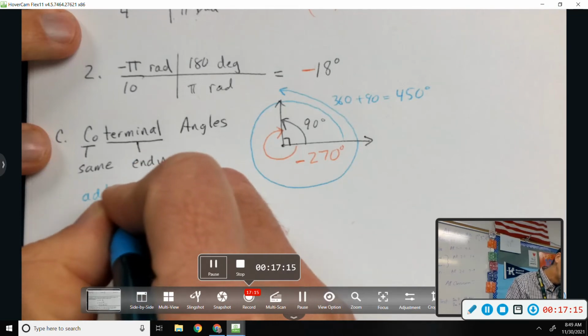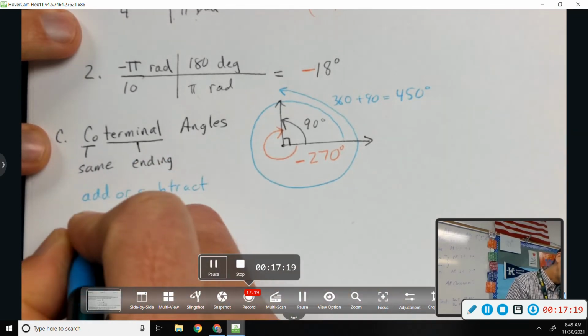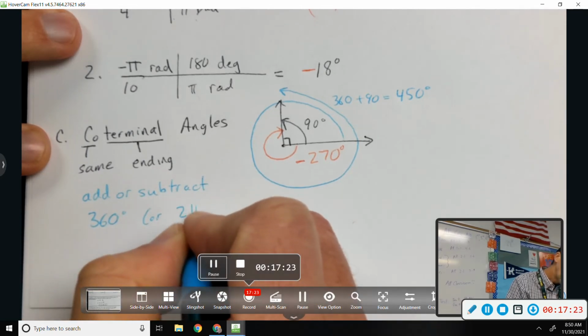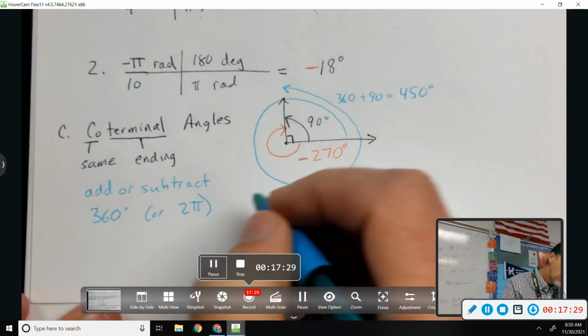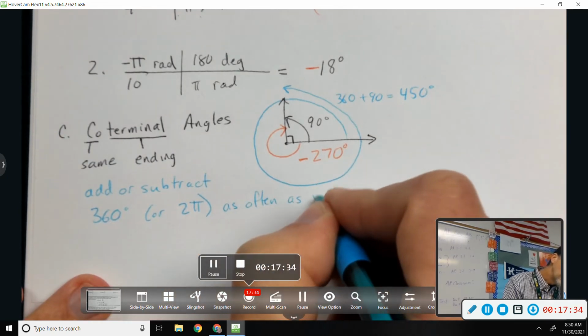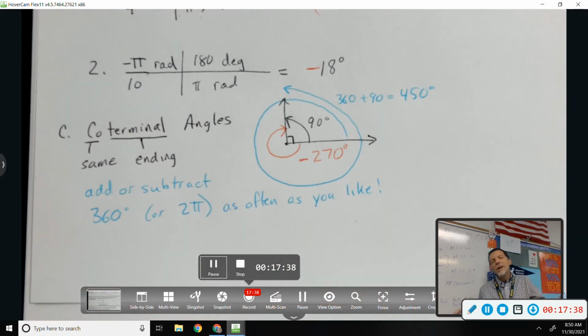So you can add or subtract 360, or 2 pi if you're in radians, because that represents one spin around, as often as you're required to. We can say find 3 coterminal angles or 4 coterminal angles.